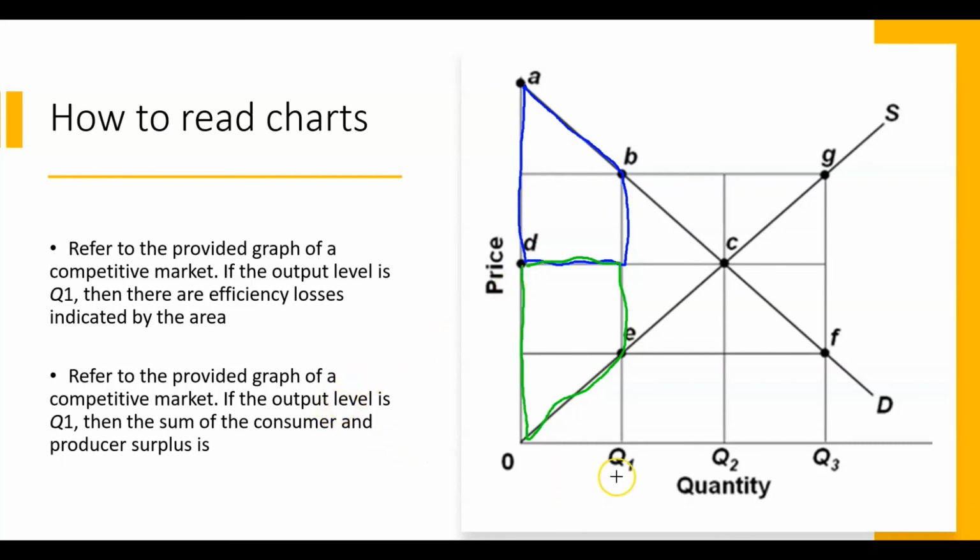So if the output level is Q1, then the sum of consumer surplus and producer surplus is points A, D, E, and B. So this is the total sum of consumer and producer surplus. Important to note that we also have another concept, which is this area here, this whole triangle. And this triangle here is what we call a deadweight loss.